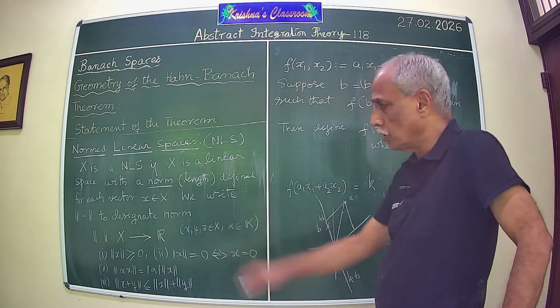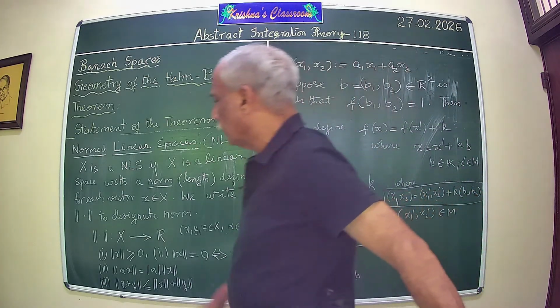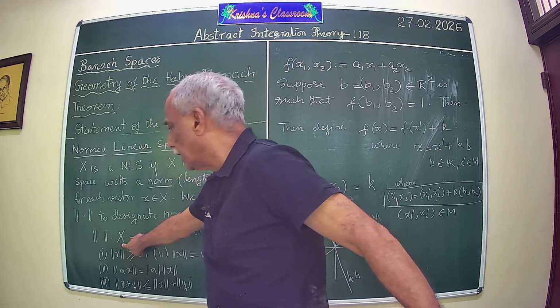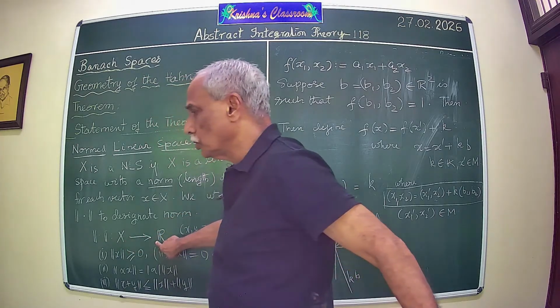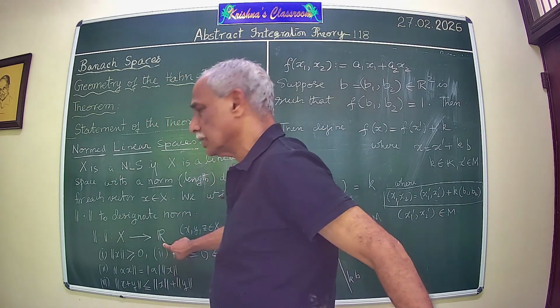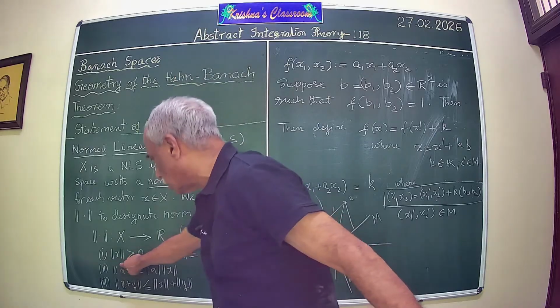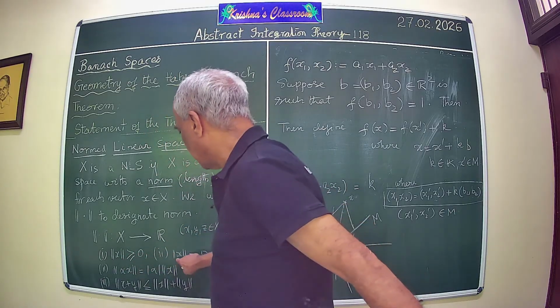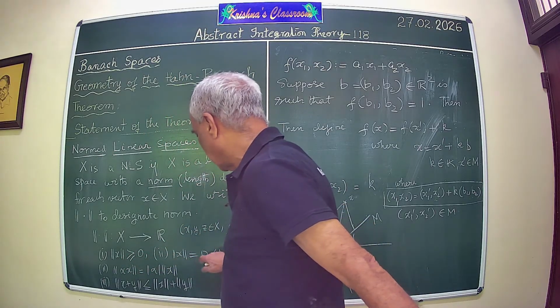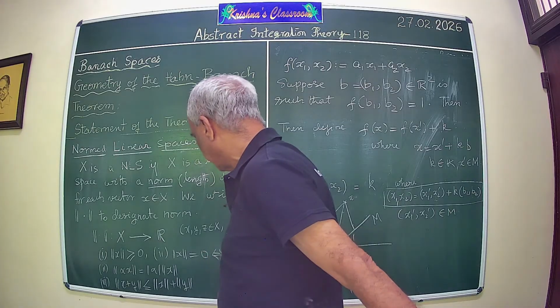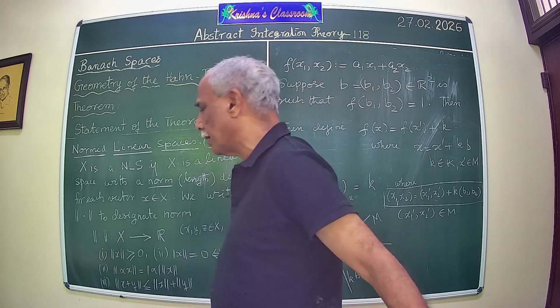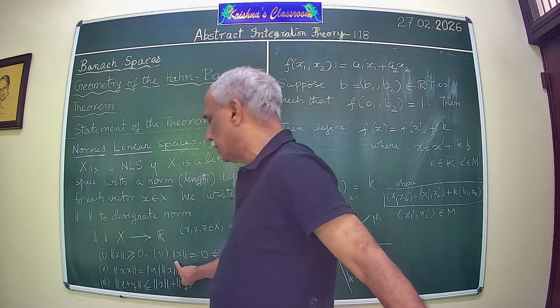So what is a norm? Norm is a map from X to R such that the map is non-negative. The map is 0 if and only if X equal to 0. That means the map of the 0 element is 0.